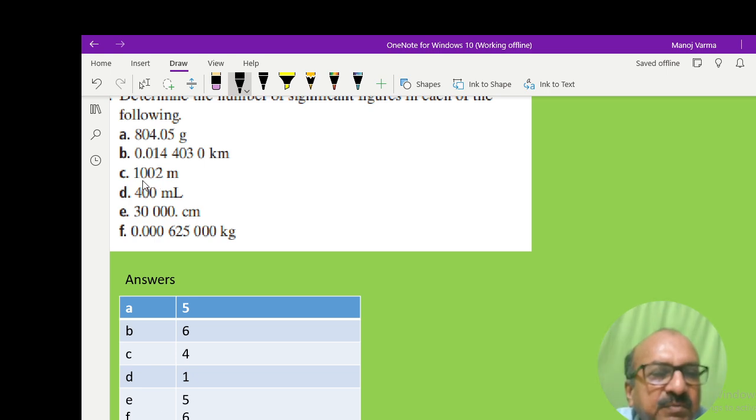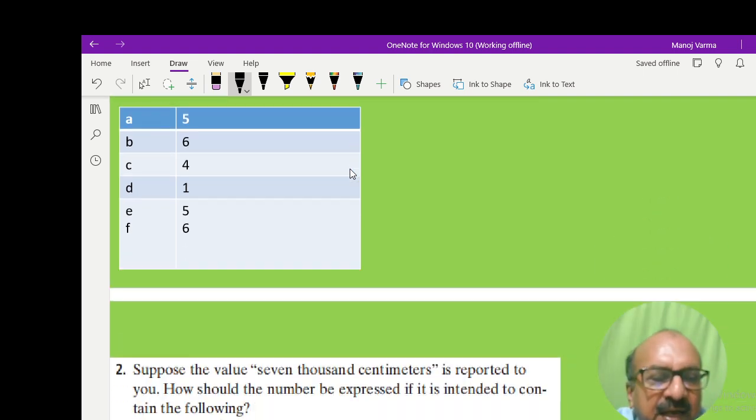These two zeros, because they occur between the numbers, are significant, so there are four significant figures. This 0 is not significant, this 0 is not significant, so 1, 2, 3, 4, 5, and 6. So there are 6 significant figures, and here because these zeros are in between the non-zero digits, they are all significant, and therefore there are 5 significant figures. So this way you can decide.